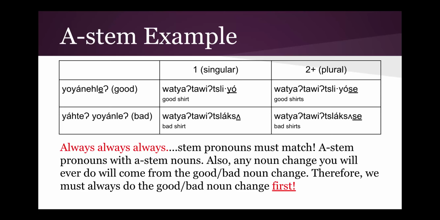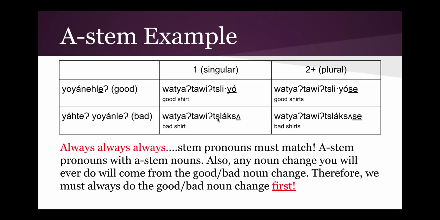And so this is the very beginning of how we can incorporate nouns into other verb roots. Because when we do this good and bad incorporation, it tells us what this joiner is going to sound like.